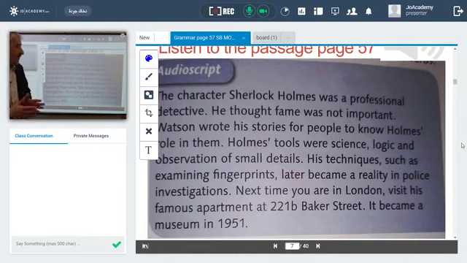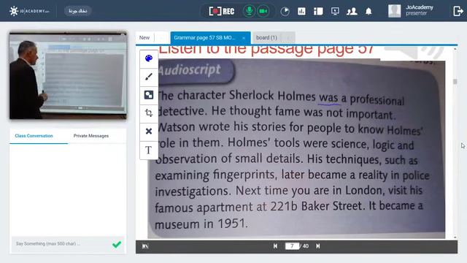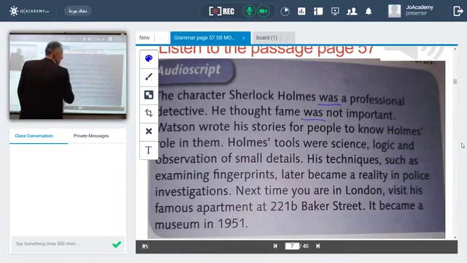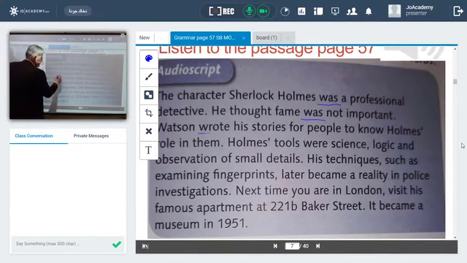Okay, now after we have listened to the answers, I will again underline it for you. So was, here we have was, then he thought fame wasn't. Okay, so here we have was, wasn't important. Watson wrote his stories for people to know Holmes' role in them.